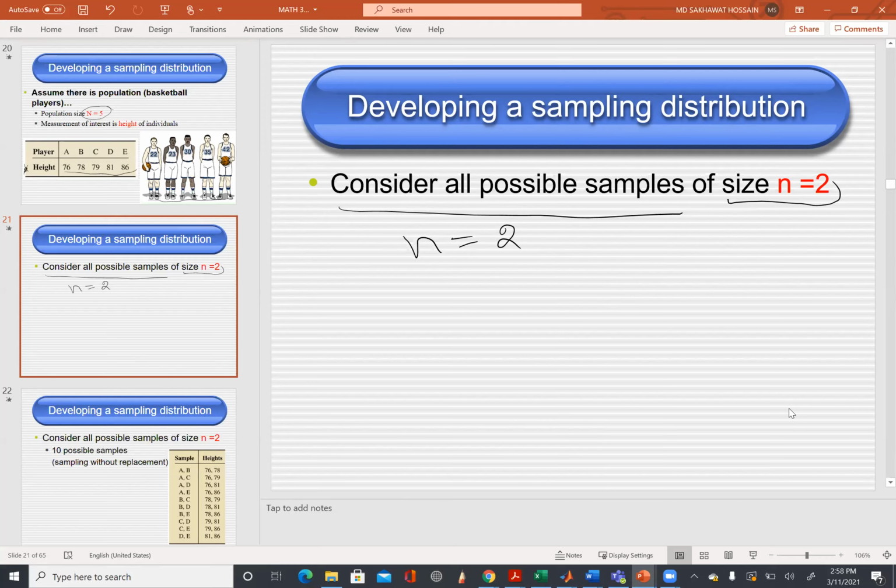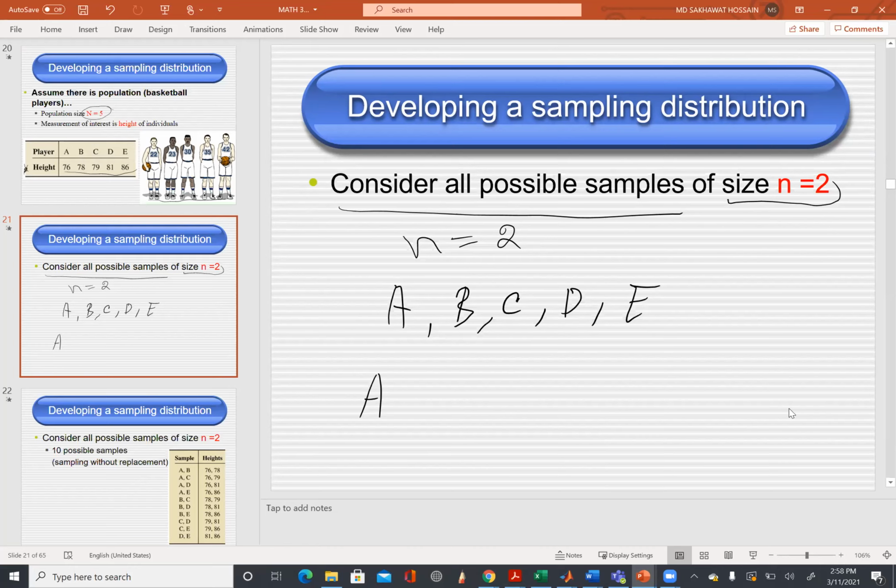We can do the selection with replacement and without replacement. With replacement means we have 5 players here, A, B, C, D, E, and first you select one player, suppose the player is A. Now you replace the player again and do the selection.